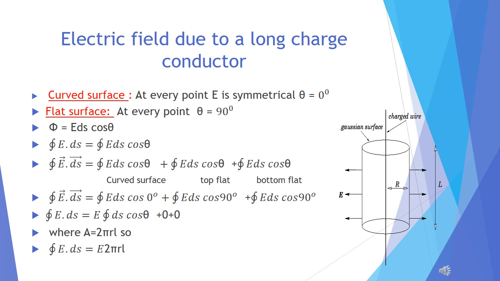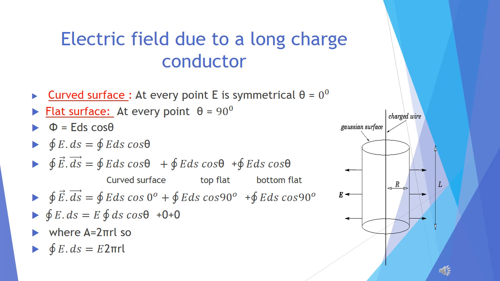Now for the flat surface, the angle is 90 degrees at every point, so there is symmetry. Then flux phi equals E ds cos theta, which is 0, so at every point the flux is 0. So we don't have to do much calculation for the upper and lower surface.